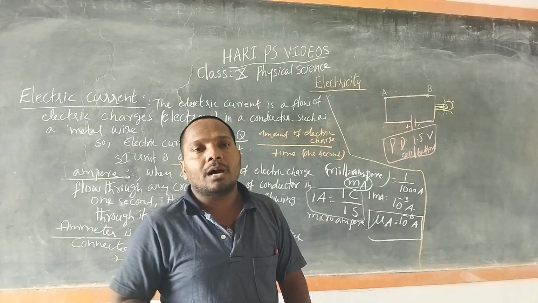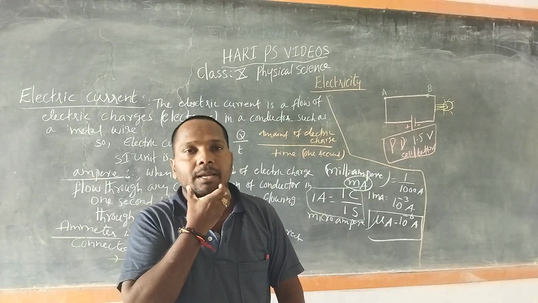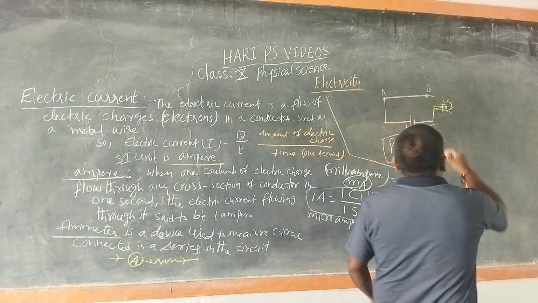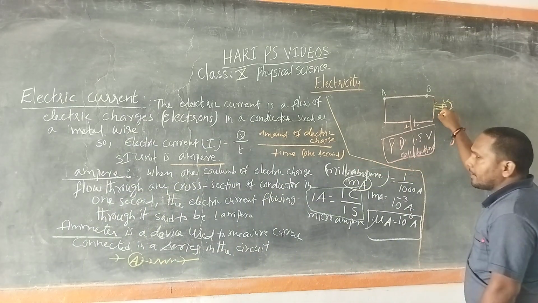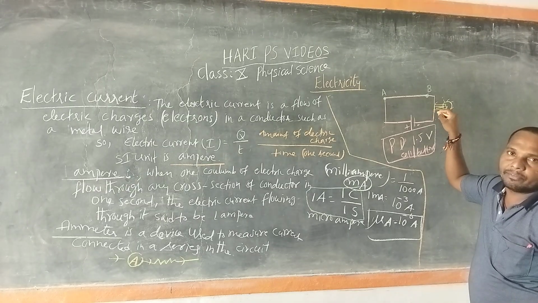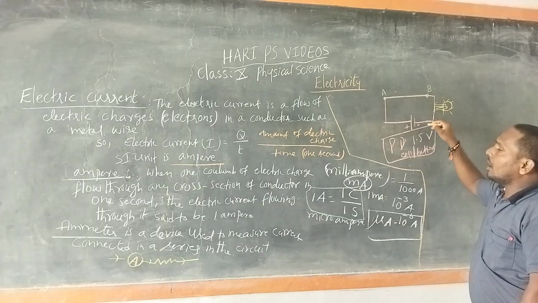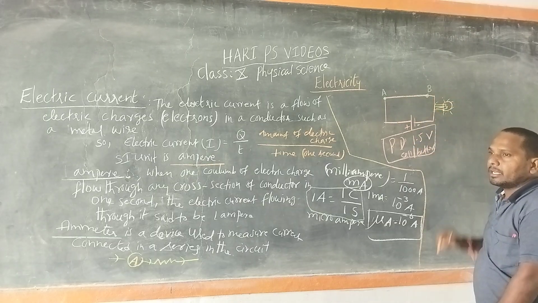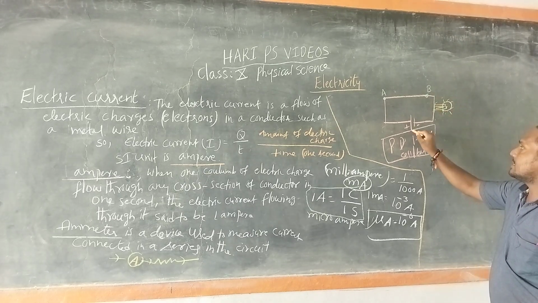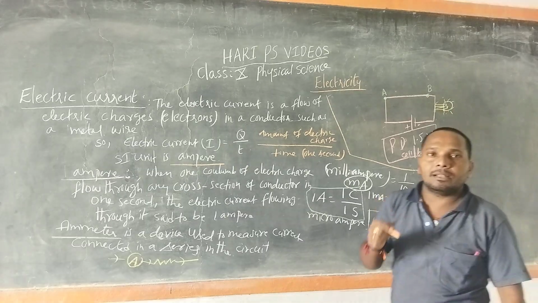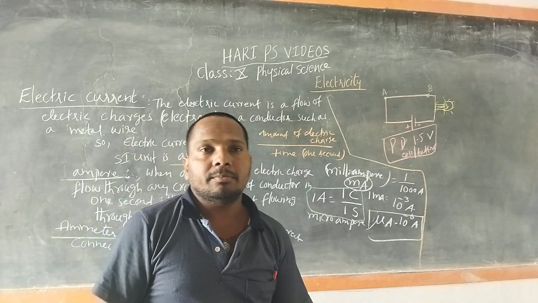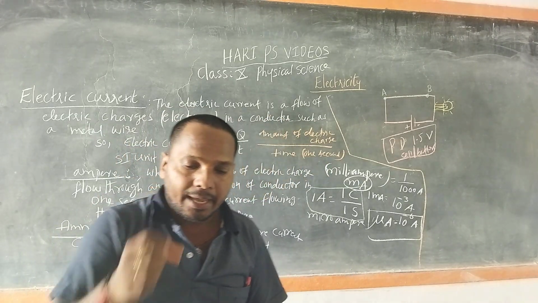Sometimes the bulb is also called a resistor. Between the two ends there is a potential difference, and due to that, the flow of electric charges takes place. To maintain the current flowing, the cell must utilize its chemical energy, converting it into electrical energy.